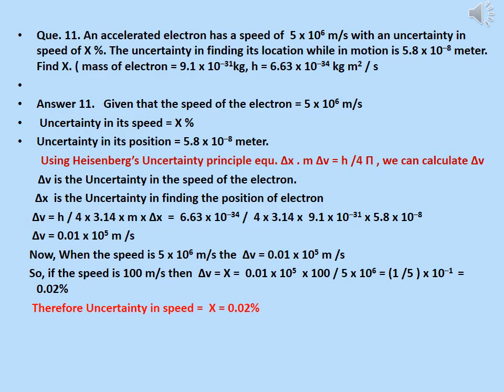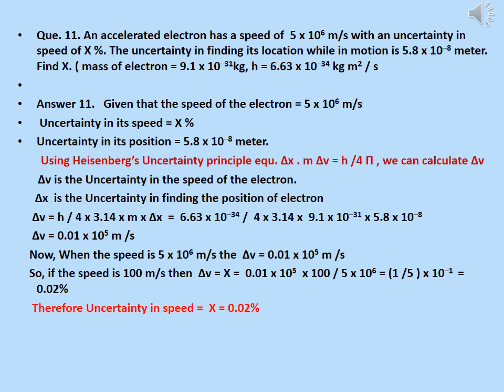If the speed is 100 meter per second, then what would be delta v? That delta v is what is given as x percent. So that x is equal to 0.01 into 10 power 5, which is delta v, into 100 divided by 5 into 10 power 6.